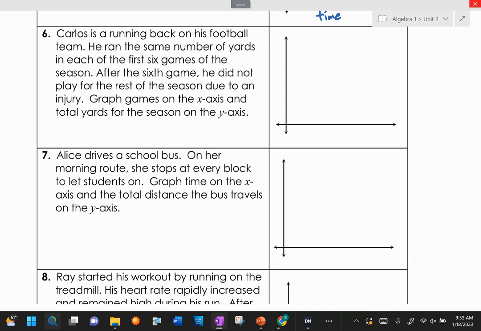Yeah, it'd be going straight down, wait, up, straight down, wait. Okay, but that's not what's happening. We're measuring distance. So what's happening over the course of time in terms of distance whenever the bus is stopped? Yeah, it's going to be a flat line, right? So like on number 6, we've got yards and games.